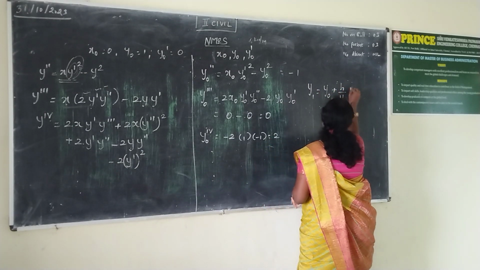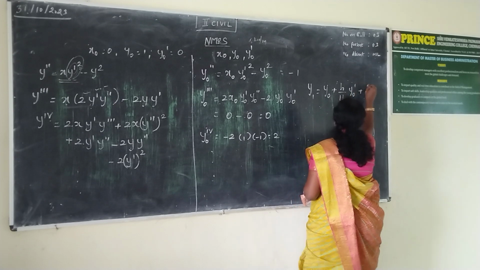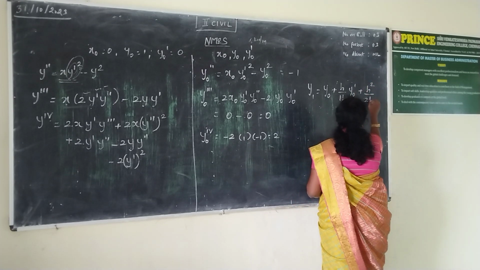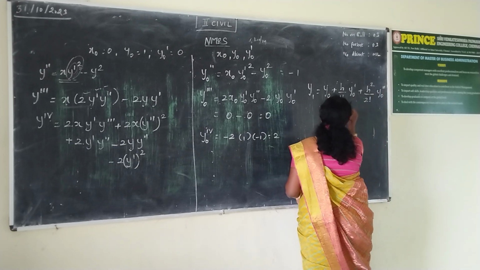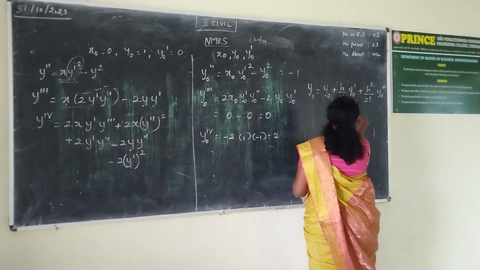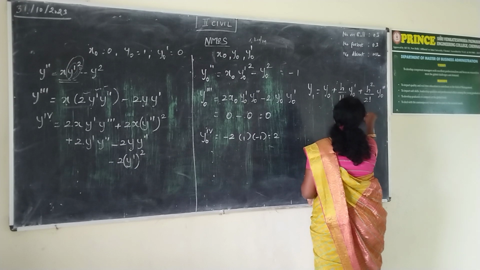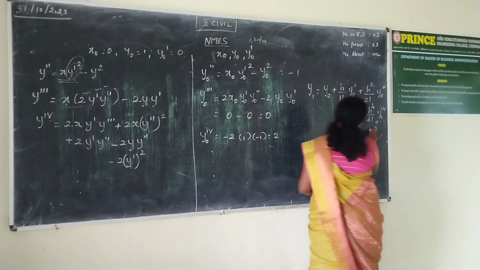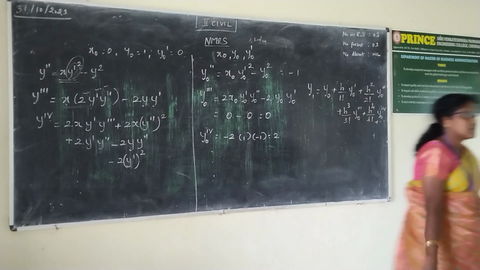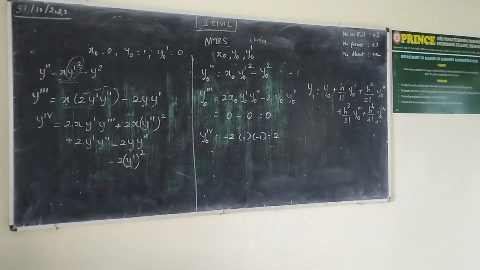Plus h by 1 factorial into y naught dash plus h square by 2 factorial into y naught double dash plus h cube by 3 factorial into y naught triple dash plus h power 4 by 4 factorial into y naught 4 plus etc. Substitute the values.